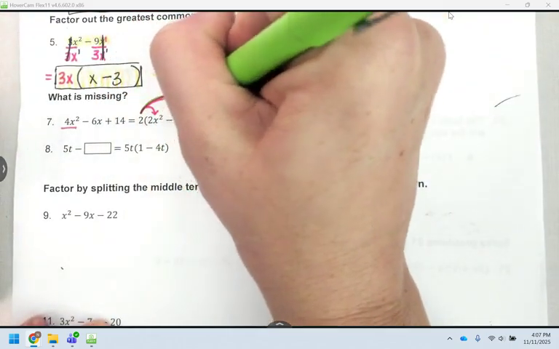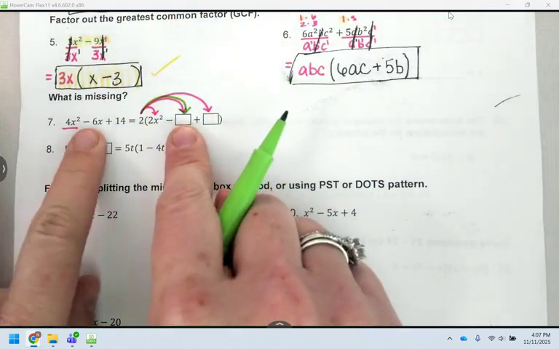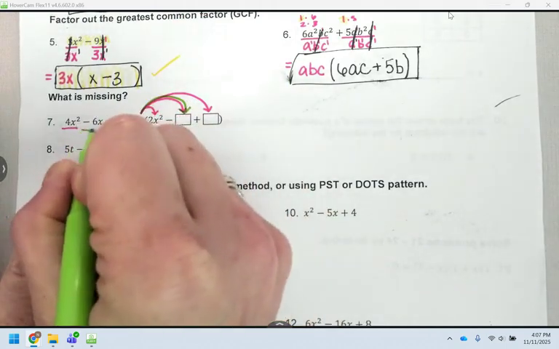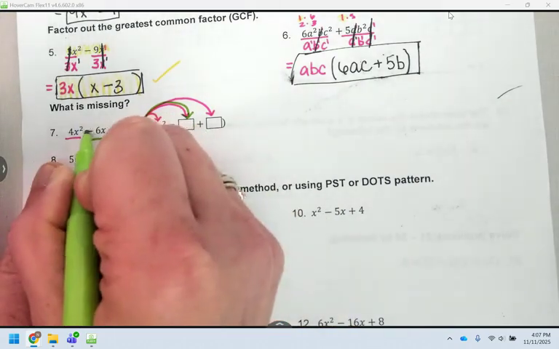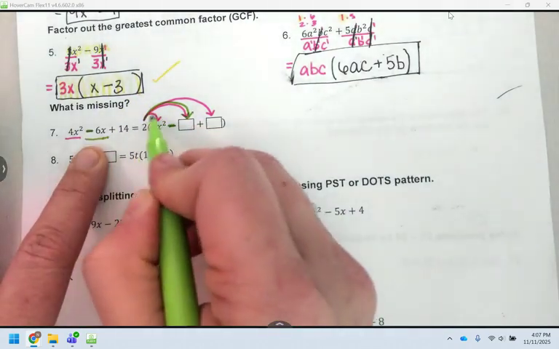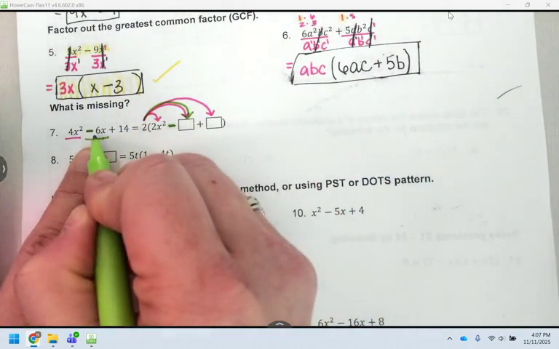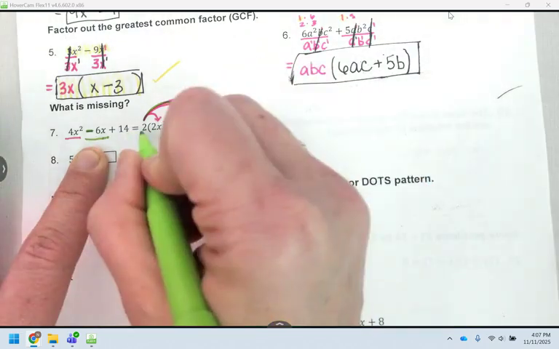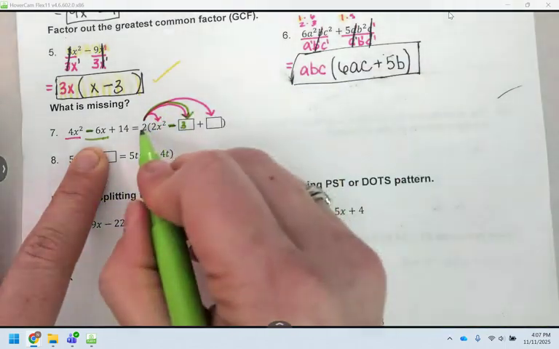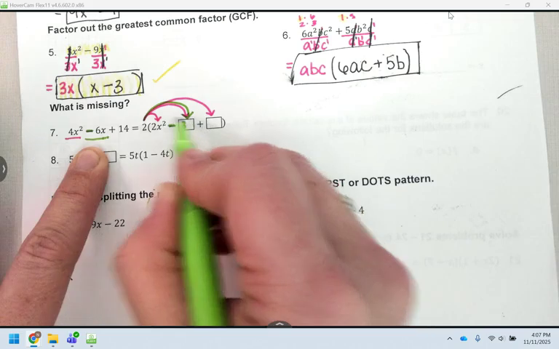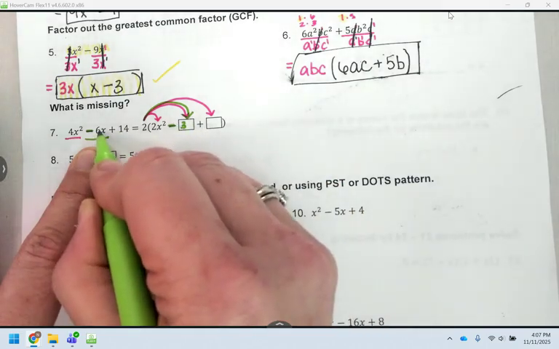Let's do this one in the middle. 2 times what is going to give you the middle term? So 2, oh, the minus is already here, so we don't have to worry about that. So 2 times a missing number gives us 6. 2 times 3 gives us 6. And then 2 times, we're still missing something. We're trying to get to a 6x.